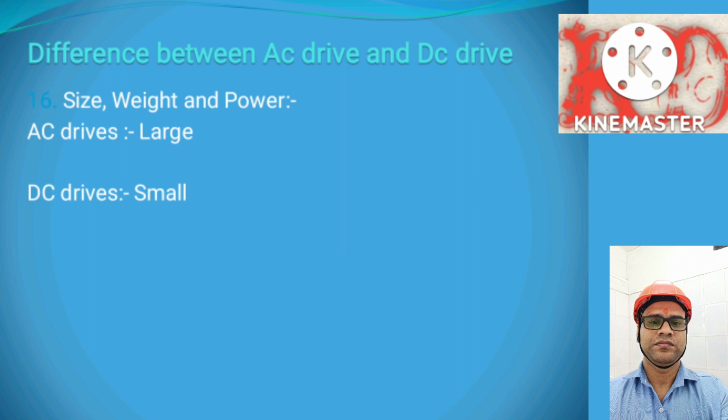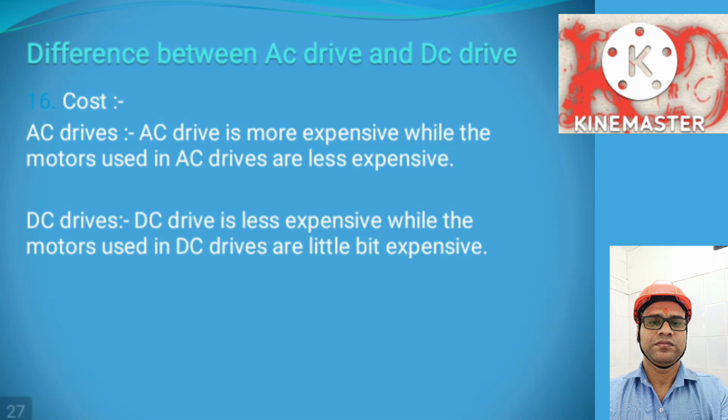Twenty-sixth, size, weight and power rating. AC drives have a large size, weight and power rating, whereas DC drives have a small size, weight and power rating. Twenty-seventh is the cost.